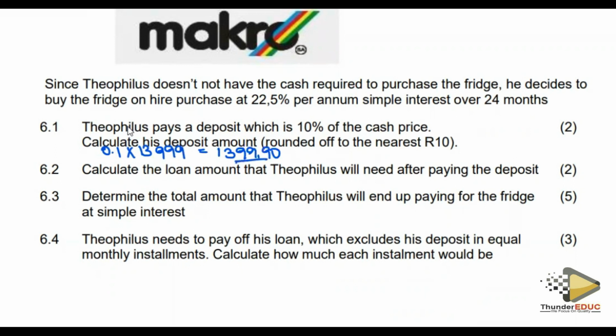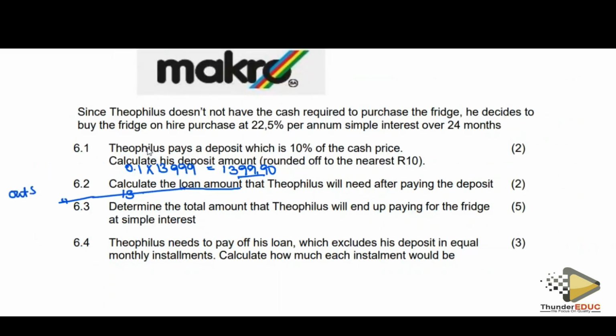So calculate the loan amount that Theo will need after paying the deposit. Now the loan amount will be the same as the outstanding balance.